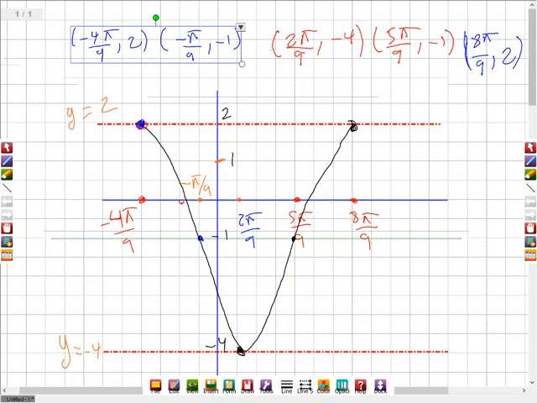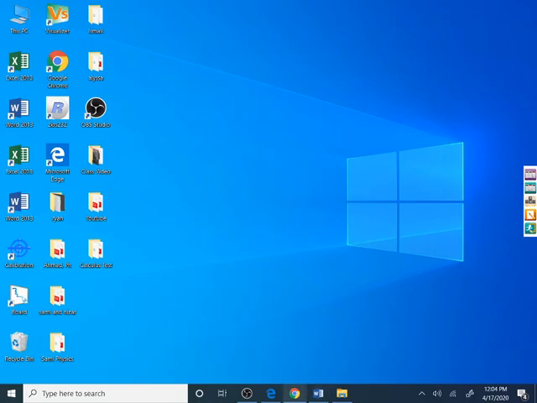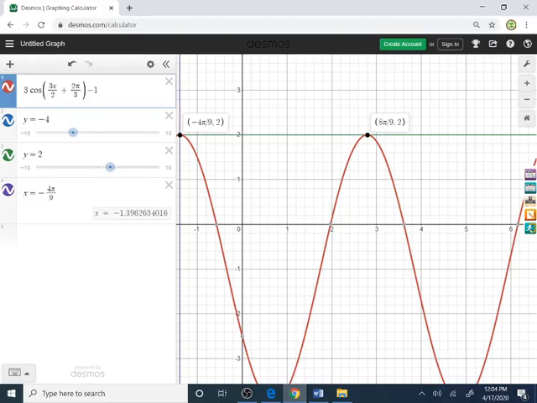Then this point is -4 pi over 9 and 2. Let us see something here. Go here and see my point, 8 pi over 9 and 2. My graph. And we are from here to here.